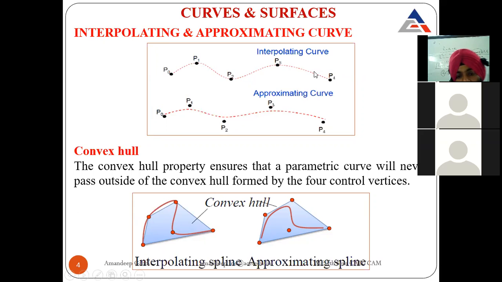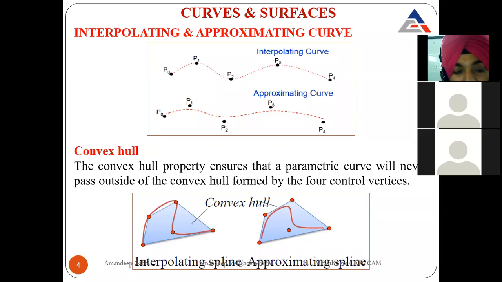So this is interpolating curve and approximating curve. The difference is that in an interpolating curve, the dot or control point lies on the curve, and in an approximating curve, the dot or control point lies outside the curve.